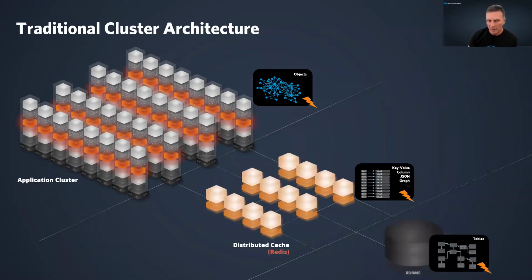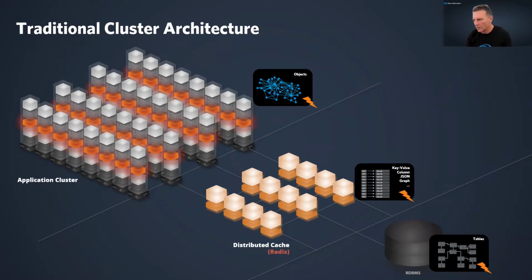For instance, Redis. So we add a distributed cache, then we can be sure that we don't have inconsistent data. This is, of course, challenging. It depends on cache configuration, but this is the common architecture.